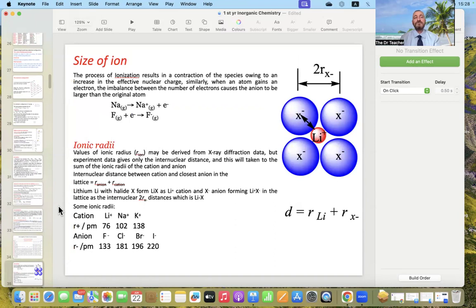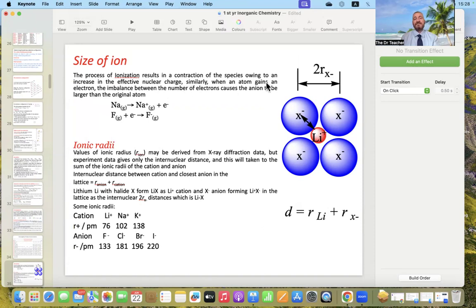Size of an ion. So we need to know the size of an ion. The process of ionization results in contraction of the species owing to an increase in the effective nuclear charge.